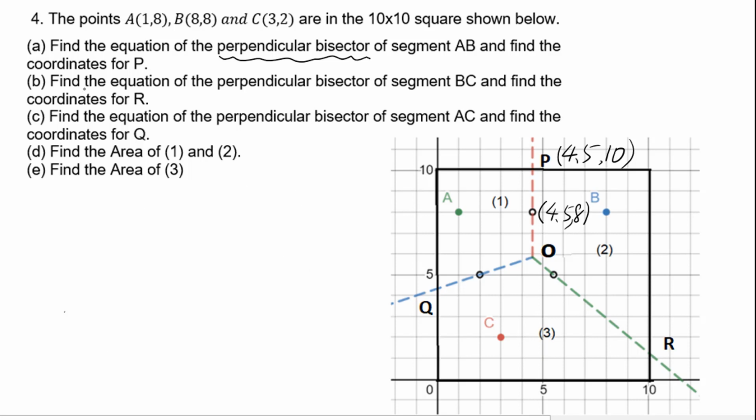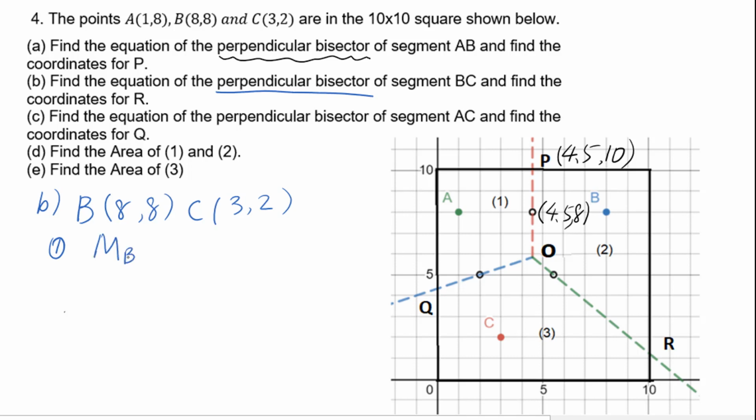Let's go to B. Find the equation of a perpendicular bisector of segment BC and find the coordinates for R. The coordinate for B is (8, 8). C is (3, 2). Since we are looking for a perpendicular bisector, first step, look for the midpoint.